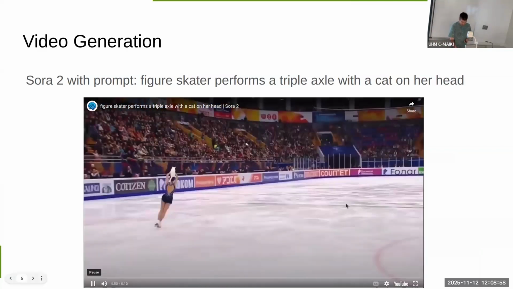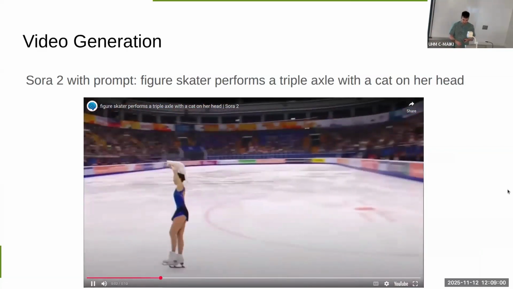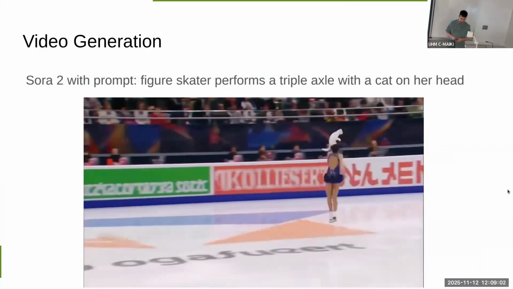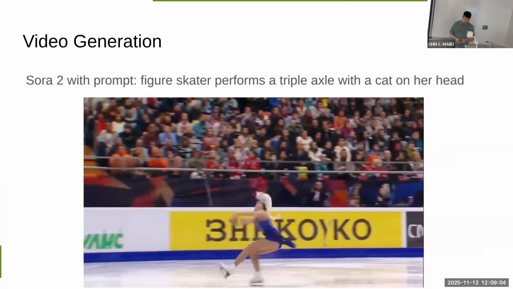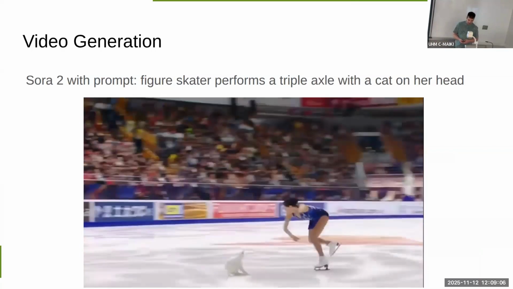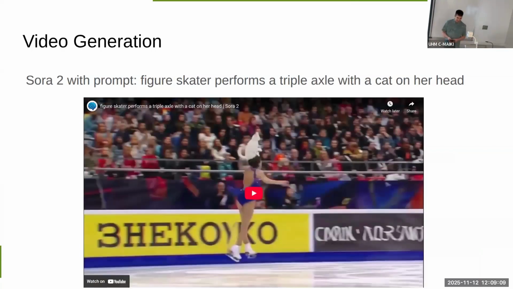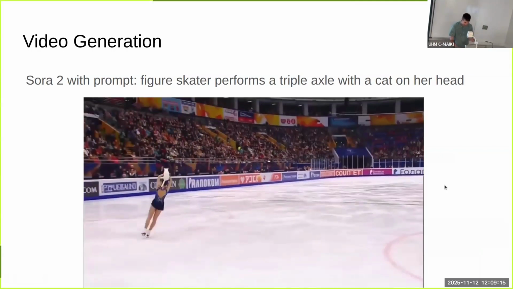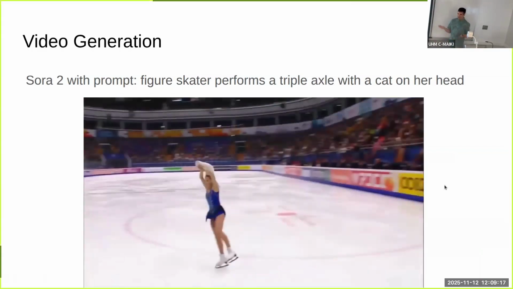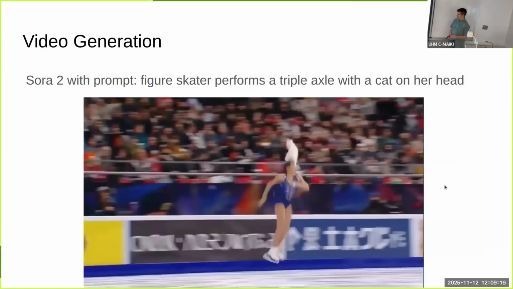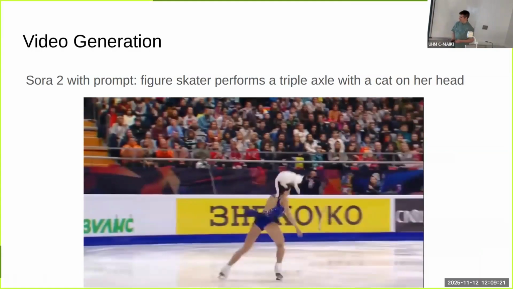This is from the most recent video generating model, Sora 2 from OpenAI. You just tell it, give me a figure skater performing a triple axel with a cat on her head, and it produces this pretty realistic video. Like if I saw this, I wouldn't immediately suspect that it's AI.